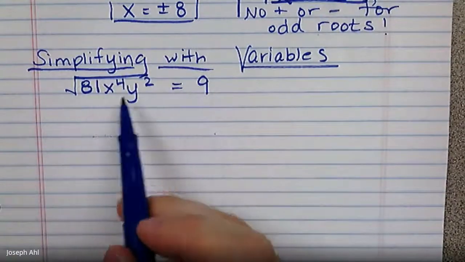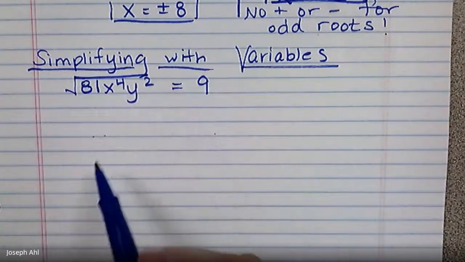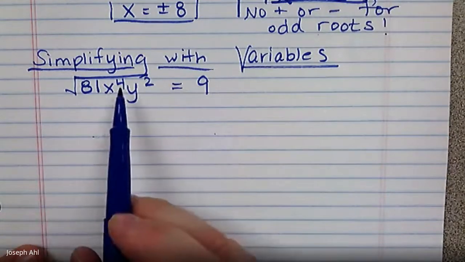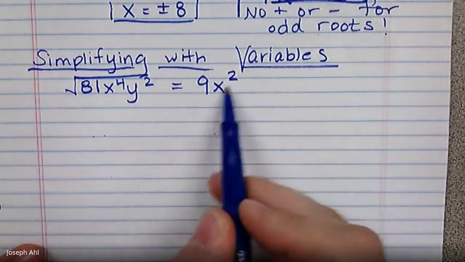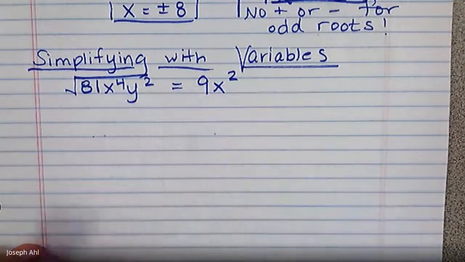And then as long as these are even exponents, they would wind up being perfect squares. So the square root of x to the fourth is actually x squared, because x squared times x squared is x to the fourth. The square root of y squared is y, because y times y is y squared.